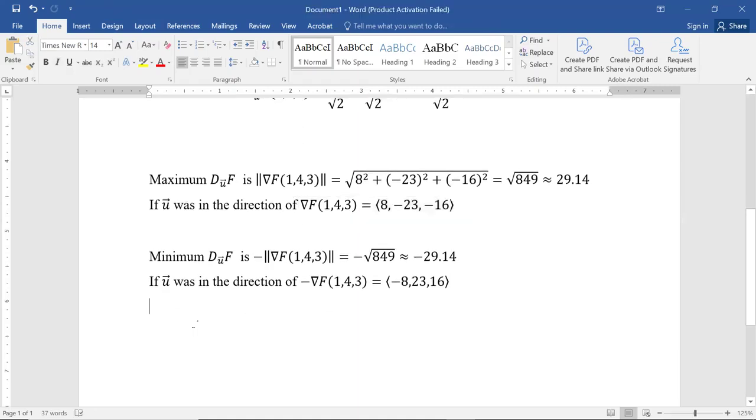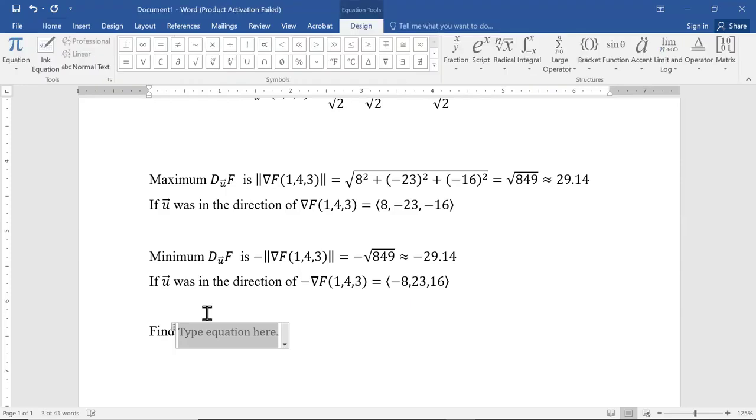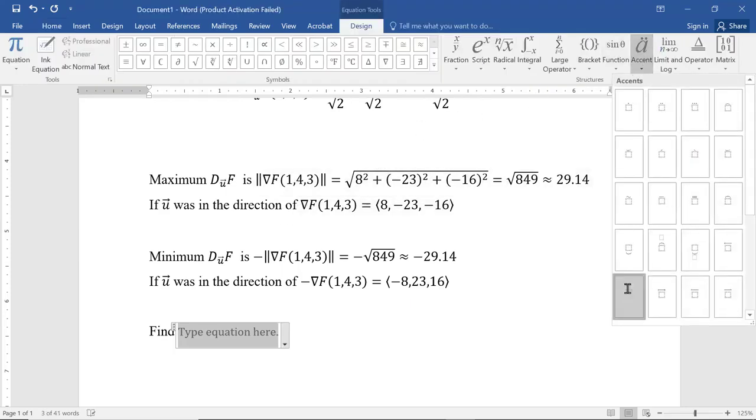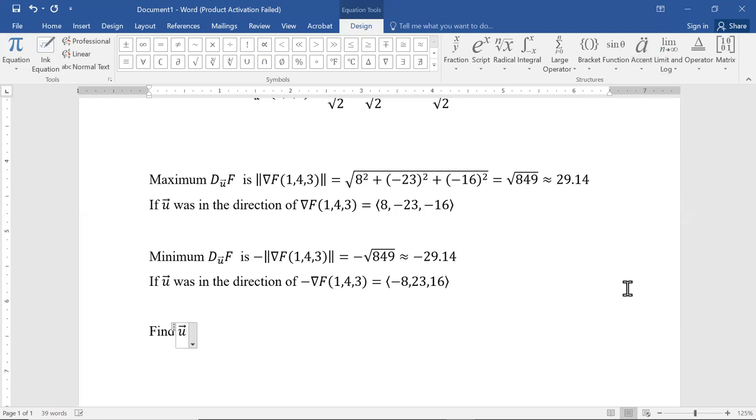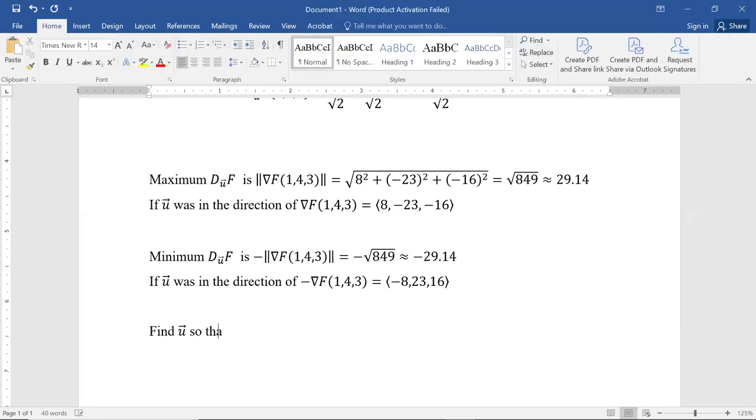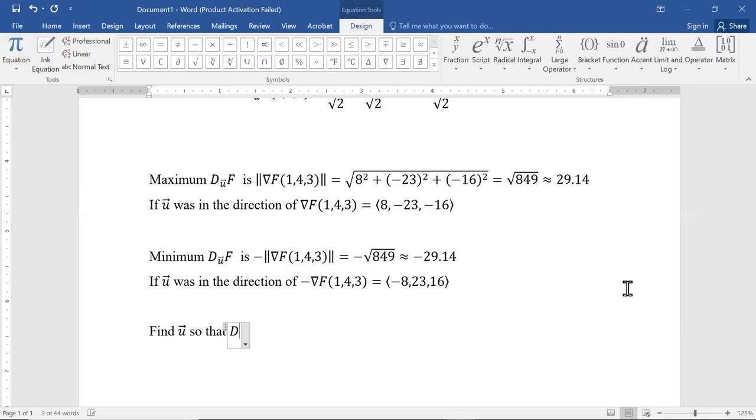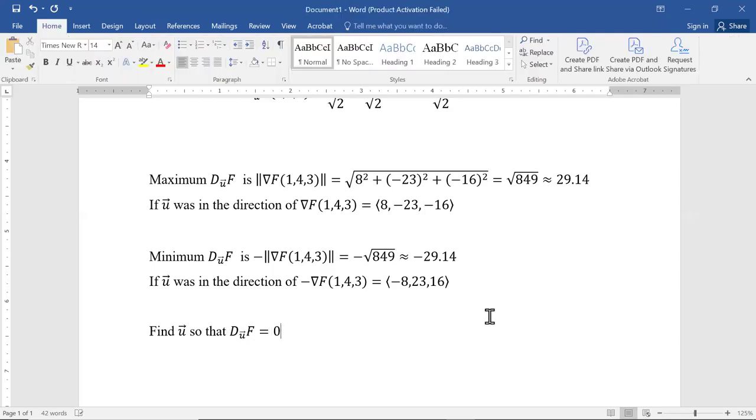If you want to think about it, now I've talked myself into doing an example. So let's find a u so that the directional derivative in the direction of u of f is 0 at the point 1, 4, 3.